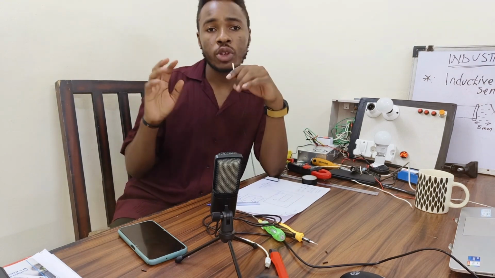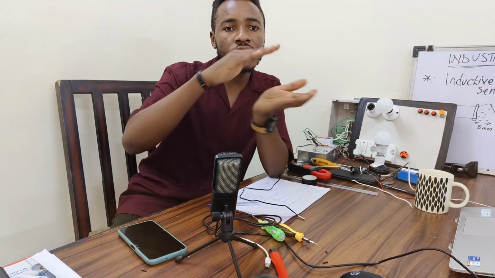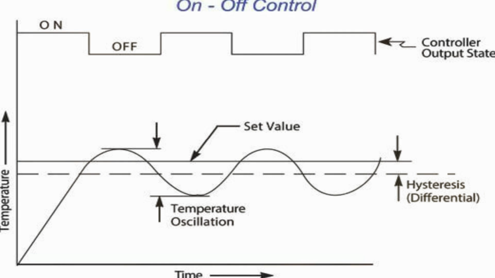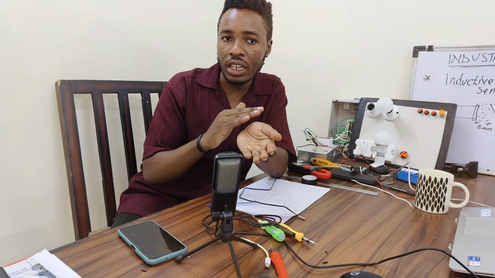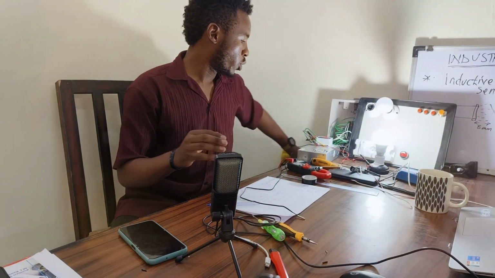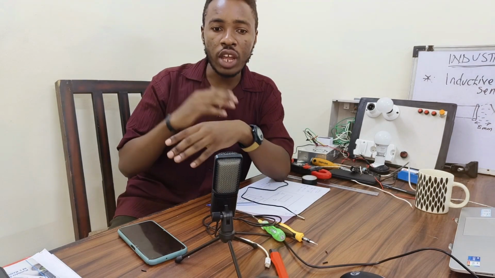Normally when you want your temperature to be at a specific value, let's say 30, you don't need it to come on and off whenever it is at exactly 30. So we always give a band region. If you want your temperature to be at 30, you set the upper limit at 31.5 and the lower limit at 29. That way you remove this act of going on and off immediately.